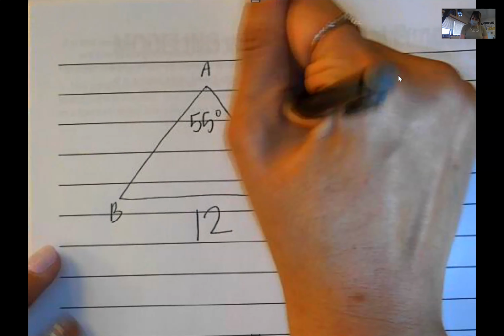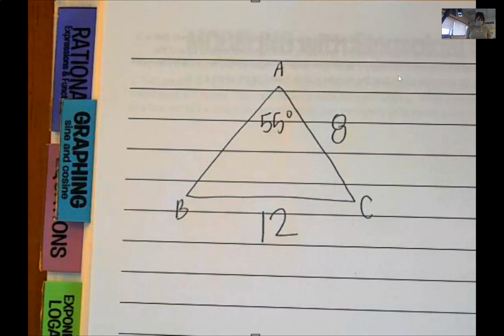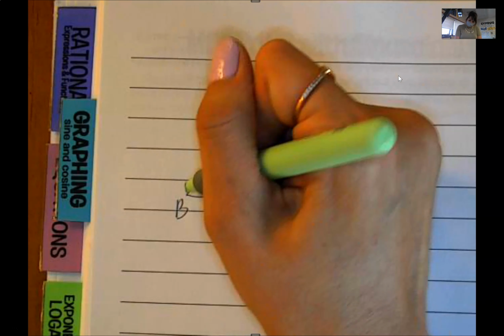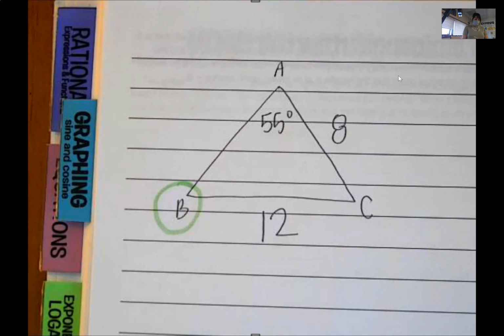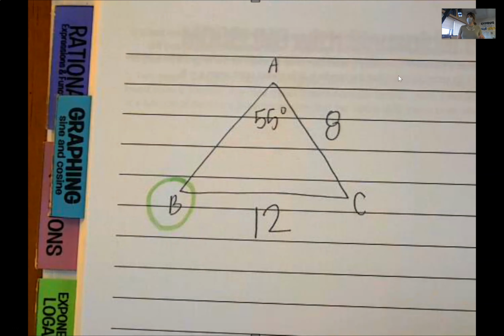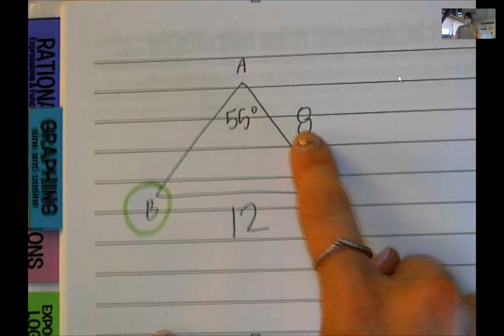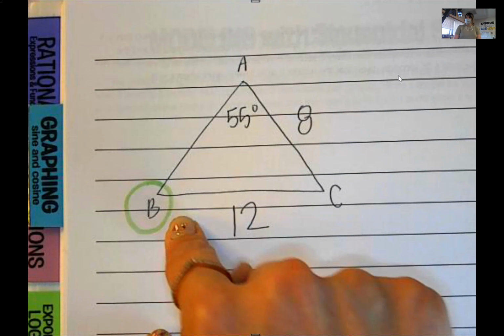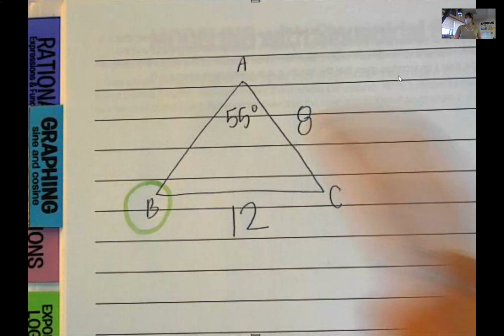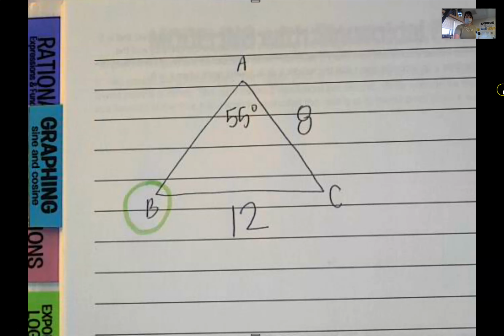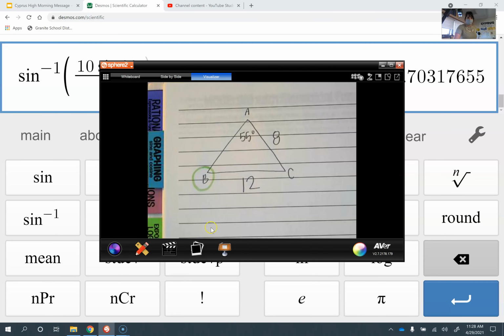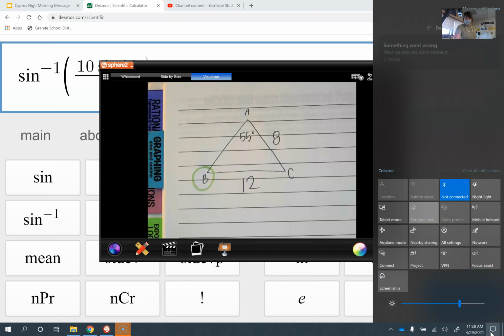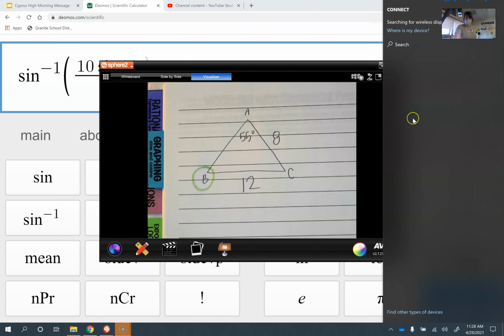Side B is 8, and I want you guys to find angle B. If I didn't tell you, I'm hoping that you would know that though, because the only thing we can find is side B, because the only side we know is B. So you guys are practicing without my help at all, finding angle B.